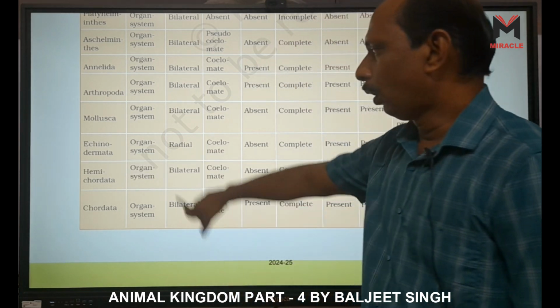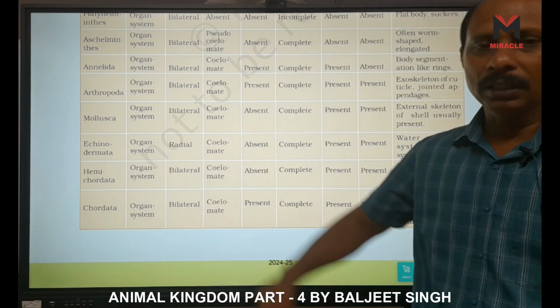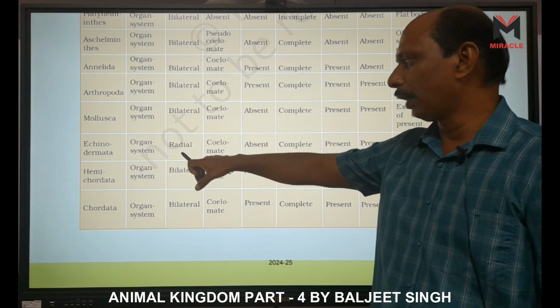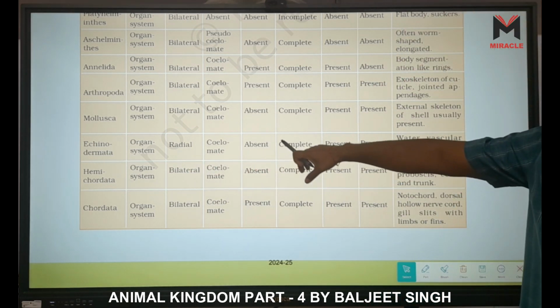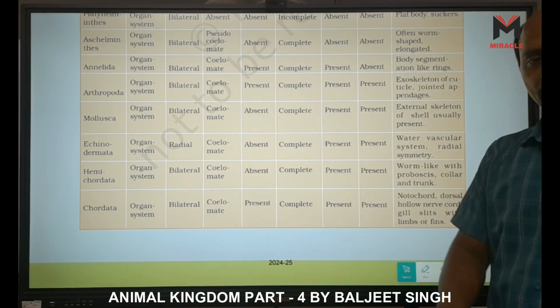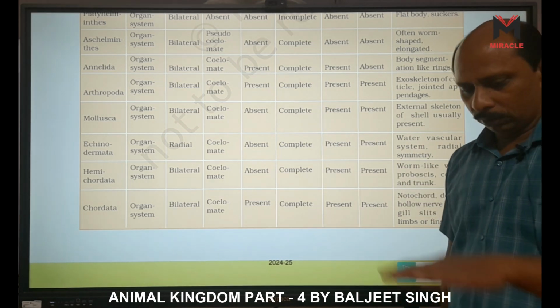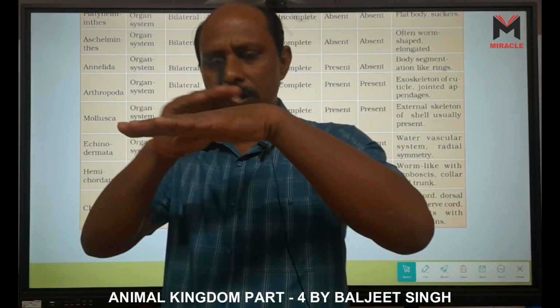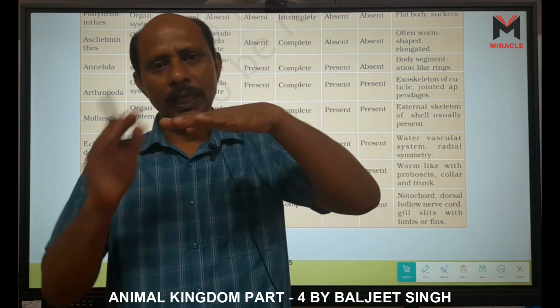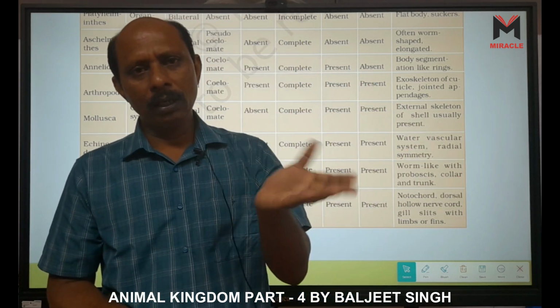Echinodermata, organ system, radial symmetry, especially pentamerous radial symmetry. Coelomate present, segmentation is absent, right? Alimentary canal is complete. The upper side is the dorsal side, where the anus is, and the lower side is ventral, where the mouth is.